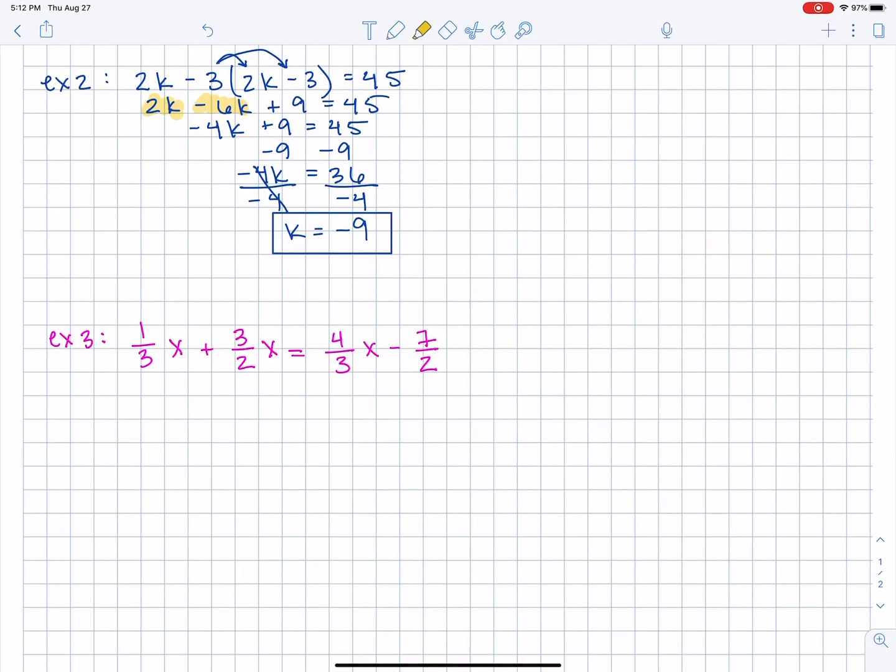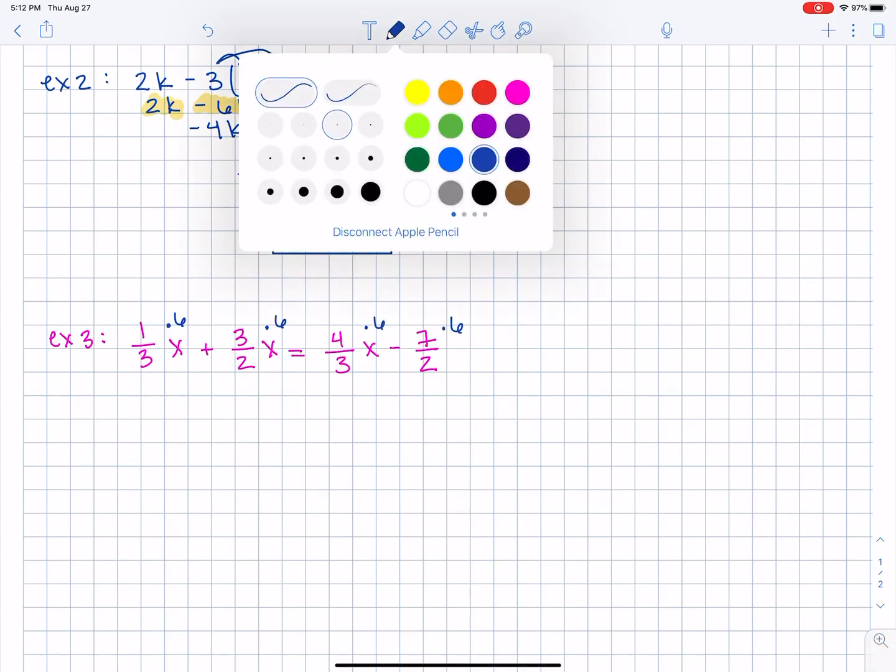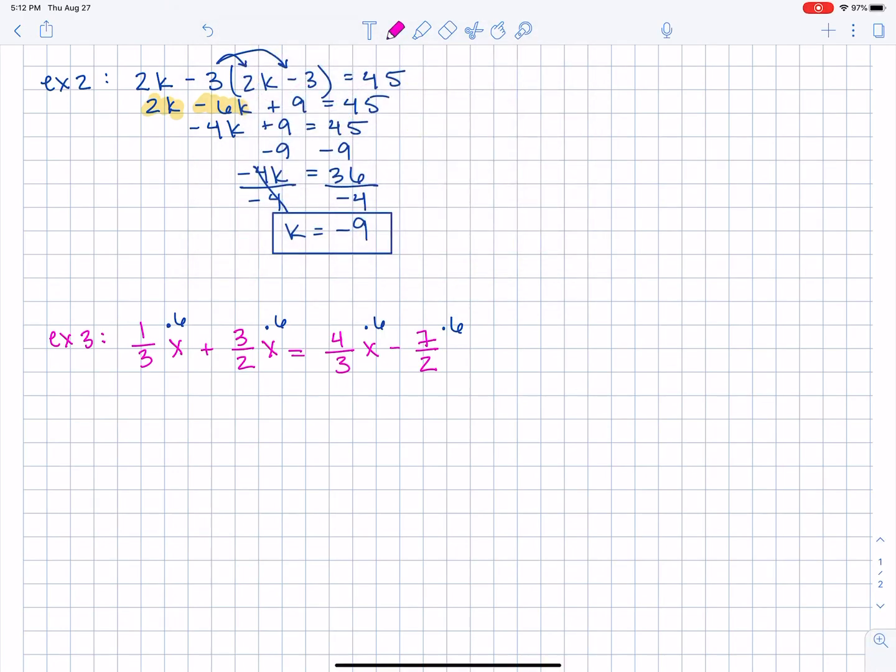We are looking at our denominators, 3, 2, 3, 2. So that tells me that my LCD is 6. So I'm going to multiply, not with a highlighter, with a pencil. Multiply by 6, multiply by 6, multiply by 6, multiply by 6.